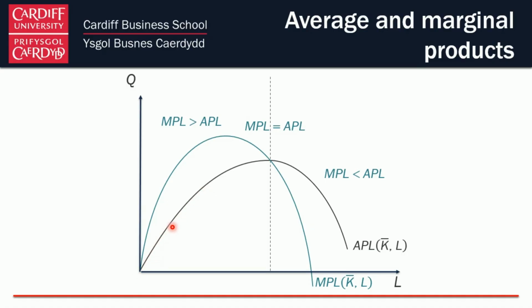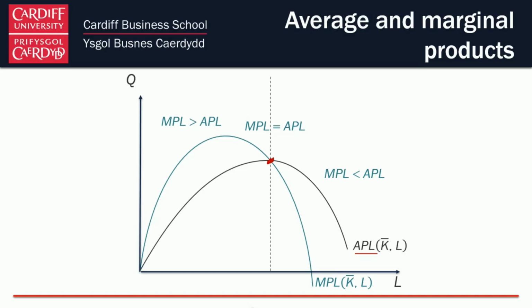It goes up slowly and then comes down slowly. That's one principle. The other one is this: the marginal cuts the APL at the point where the APL is at its maximum. This is the point where the average, the black curve, is at its maximum, and the green one, the marginal, cuts it right at that point.